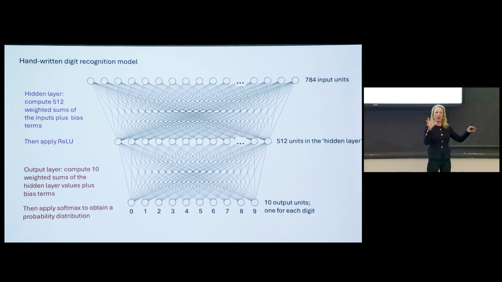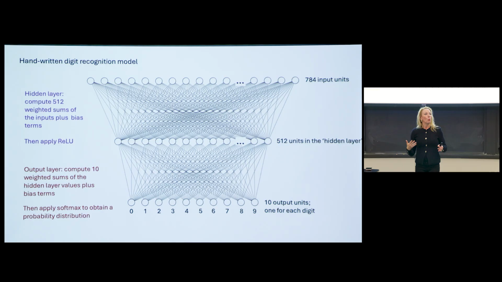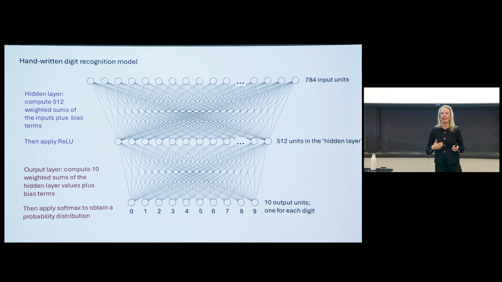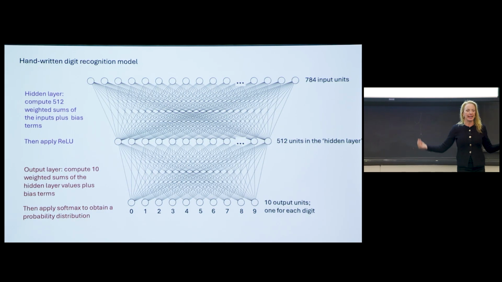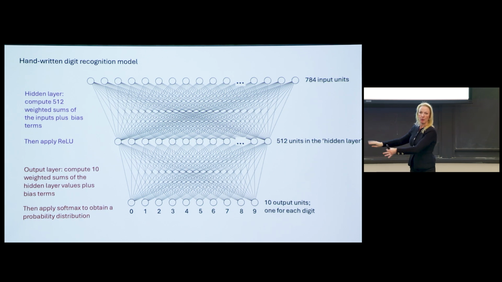If the other ones are negative numbers, those are going to be translated to probabilities quite close to 0. So it'll give us something that ideally, after we've trained the model correctly, will assign a high probability to being a 9, let's say, if the input is indeed a 9. Okay? So this is the forward pass of the neural net.